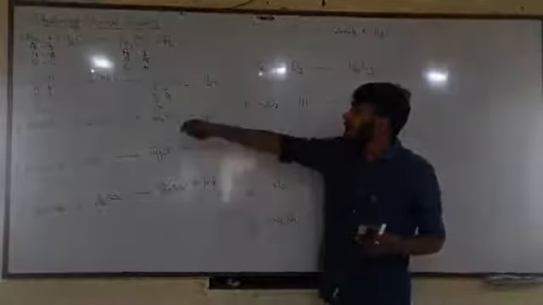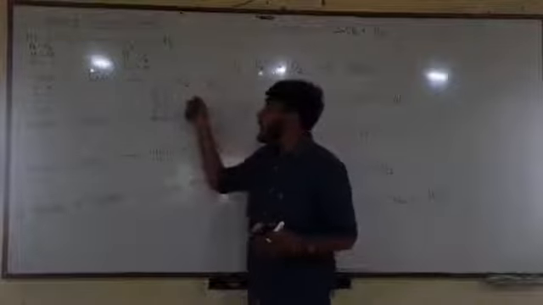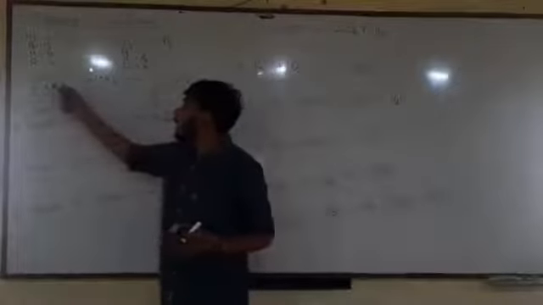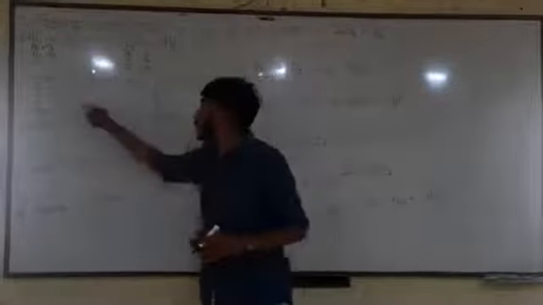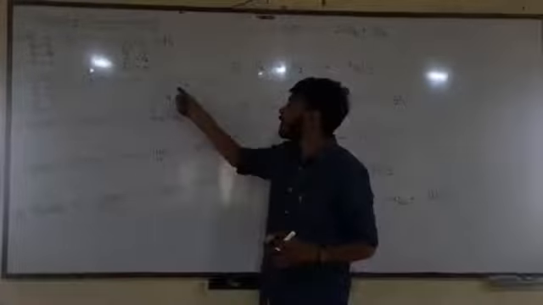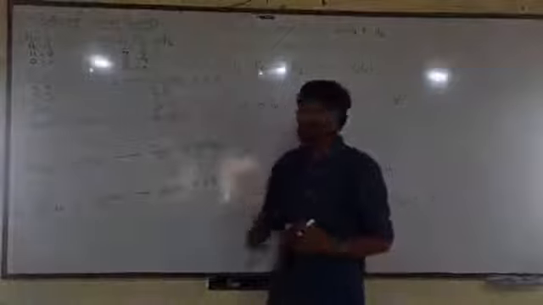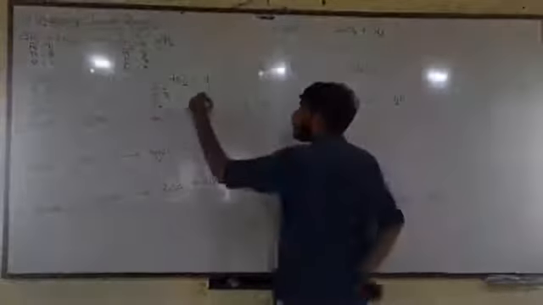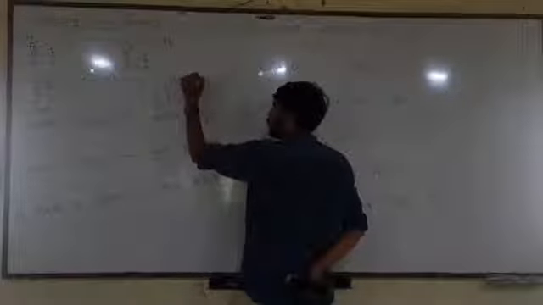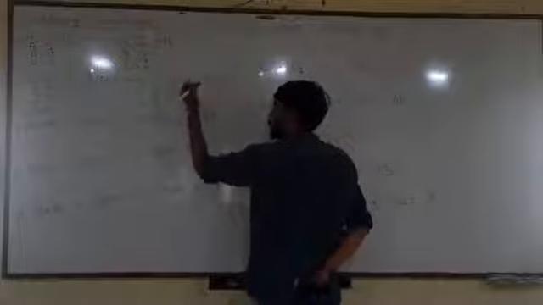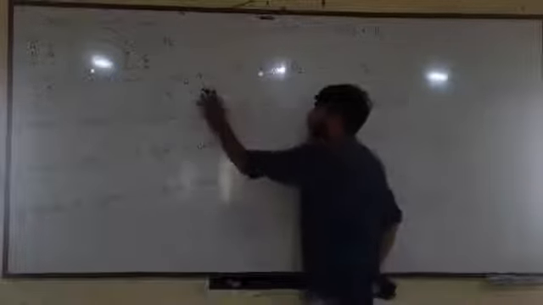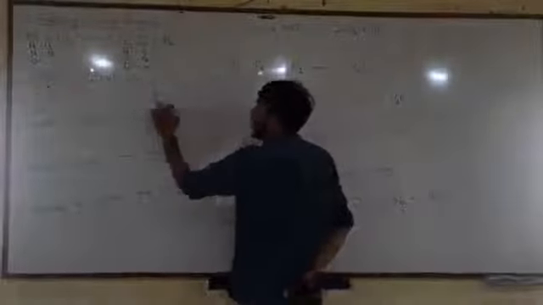Now see over here, I am having 4 hydrogen and 8 oxygen. Here I am having only 2 hydrogen and 7 oxygen. Then I can write over here 2. So what happens? 2H2O, then 2 twos are 4.